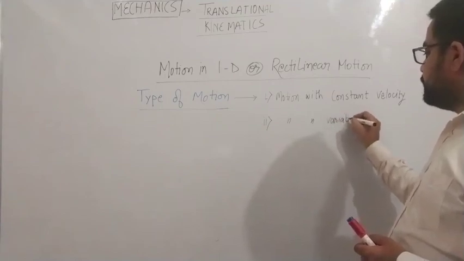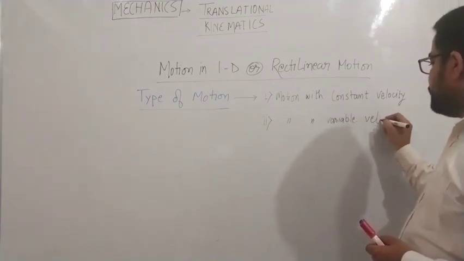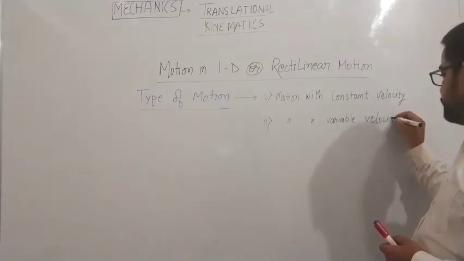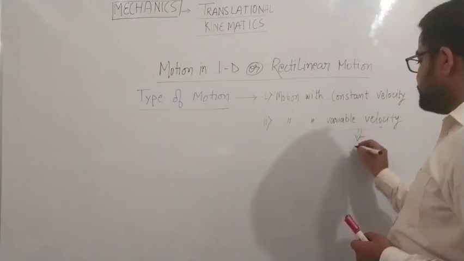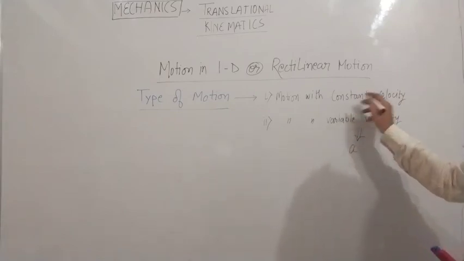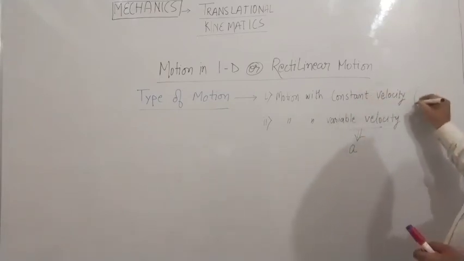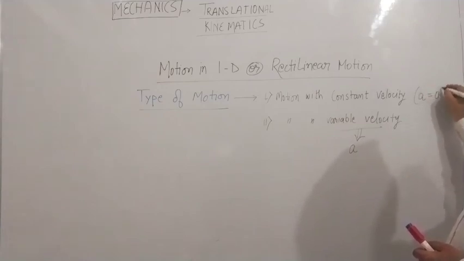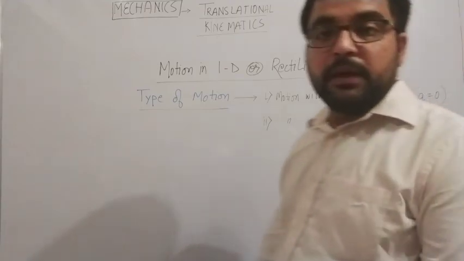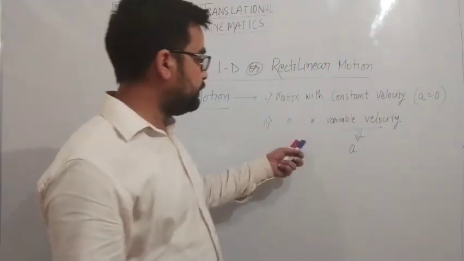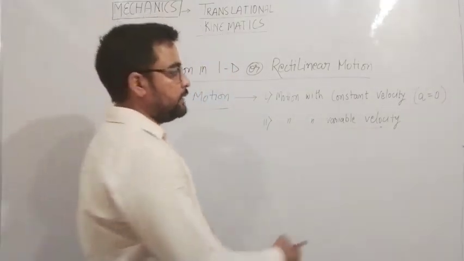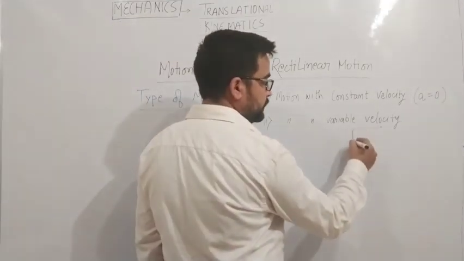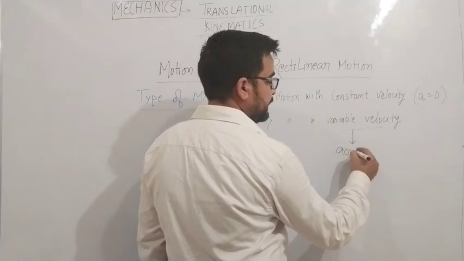When velocity varies, that means there is acceleration. When velocity is constant, acceleration is zero. But when there is variable velocity, that means there is acceleration, so it is accelerated motion.